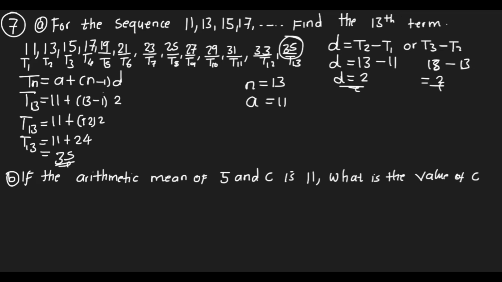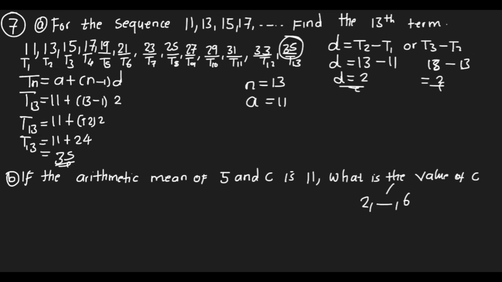If the arithmetic mean of 5 and c is 11, what is the value of c? So the arithmetic mean is the middle term between the 3 consecutive terms in an AP. For instance, if we have 2, then if we have 6 here, the middle number is our arithmetic mean.